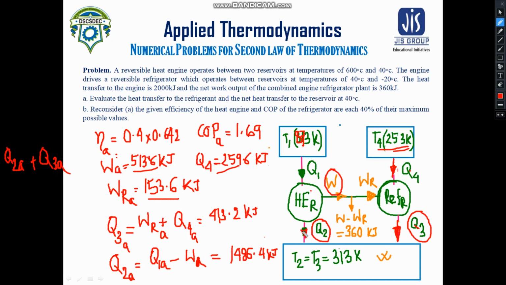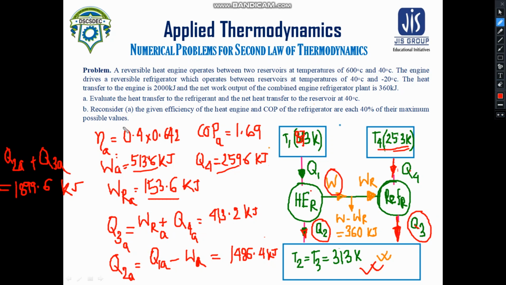So this is your heat transfer to this reservoir, and this is your heat transfer to the reservoir. So you just need to add it up, and ultimately you will get 1899.6 kilojoules.